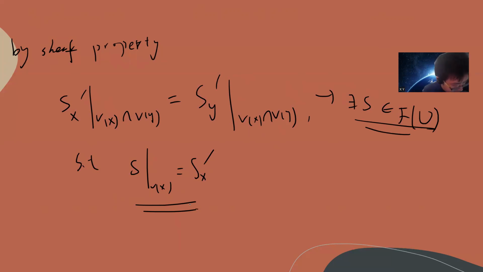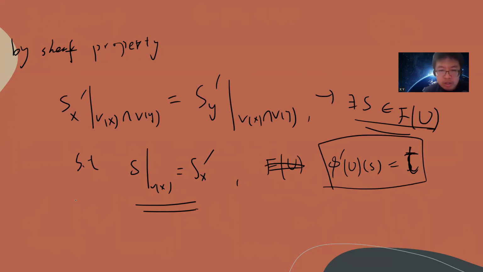Okay, so the rest is just that we need to show that phi prime of u acting on s will give you the t. This is what we are going to show, and it's very simple.